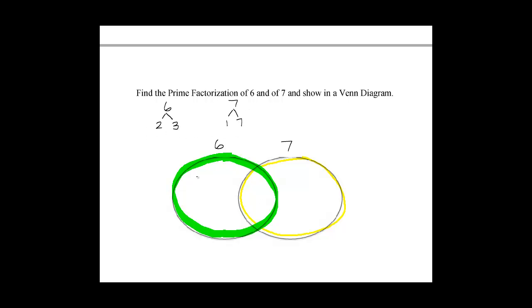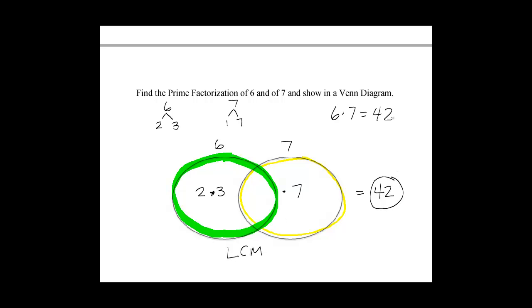But we don't have anything common, do we? Prime factors of 6 are 2 and 3, and the prime factors of 7 are just 7. Now if we multiply these 3 together, 2 multiplied by 3 multiplied by 7, we get 42. So that is the least common multiple.